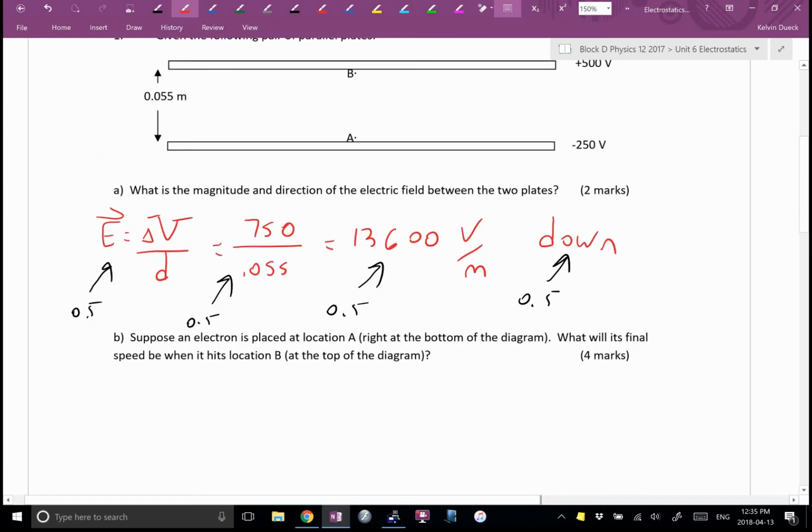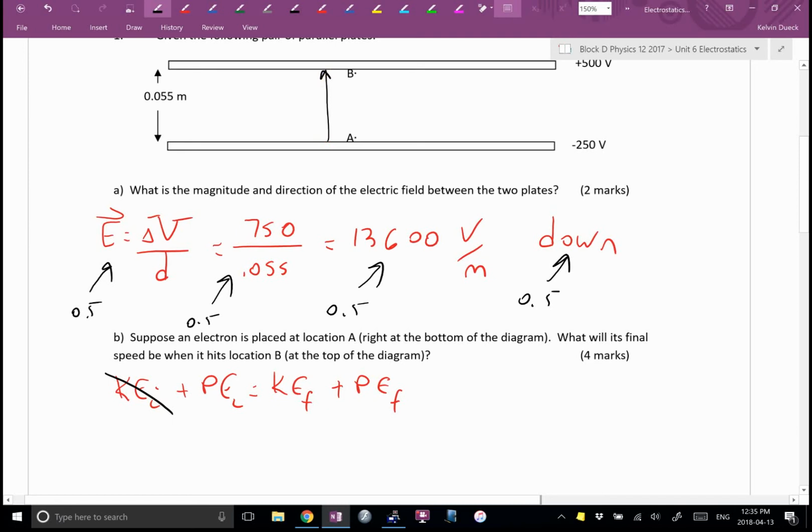Suppose an electron is placed at location A. What will its final speed be when it hits location B at the top? An electron will fall up relative to us in this case. So as far as I'm concerned, this is very similar to dropping an object. I'm going to solve this with conservation of energy, G. It says placed, which suggests it starts at rest.